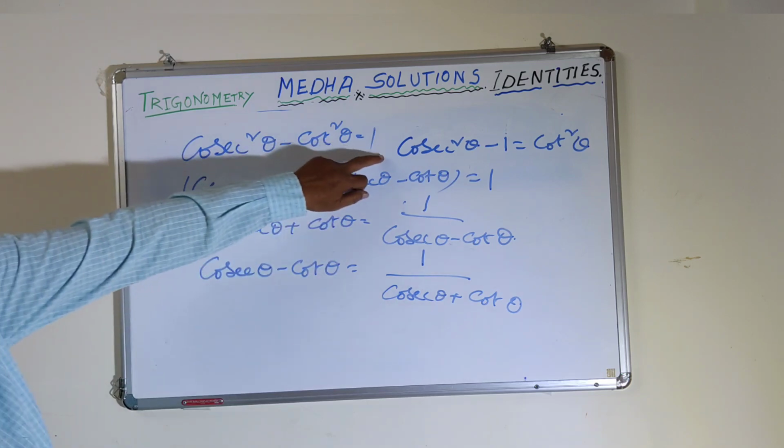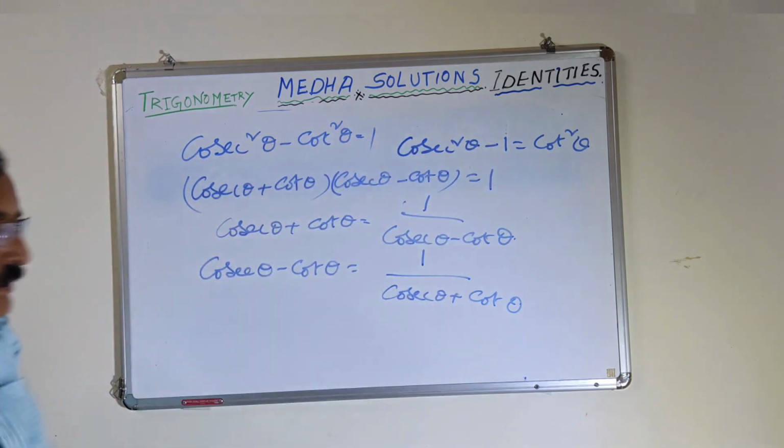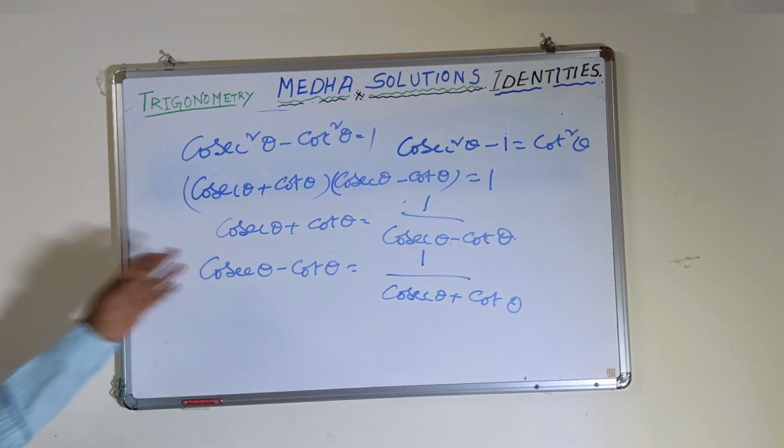Again cosec square theta minus 1 is equal to cot square theta. This also we can convert. These are the conversions of trigonometric identities.